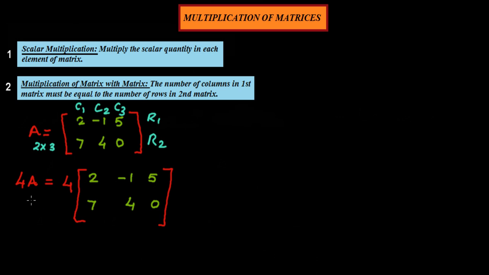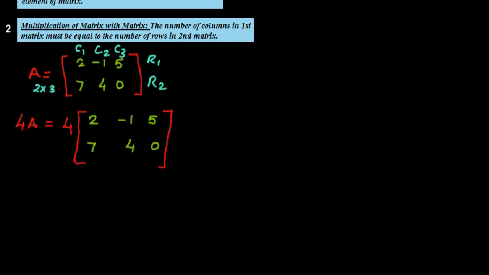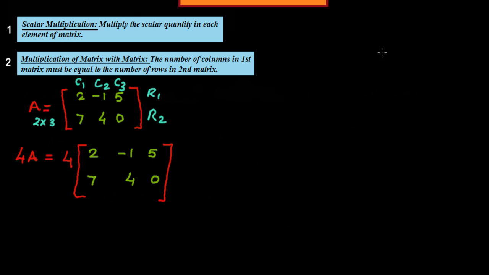Here we have to multiply this 4 into each element of this matrix. As in the definition I have written, multiply the scalar quantity into each element of the matrix.